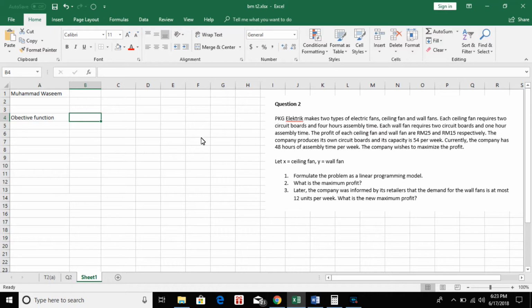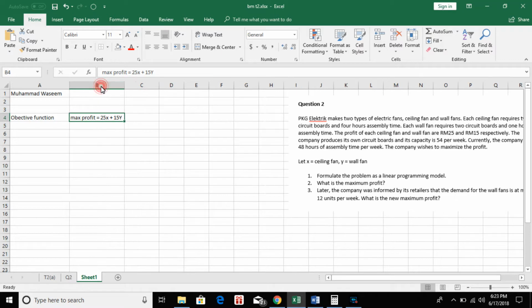So we'll use x for ceiling fan and y for wall fan. Our objective function is maximize profit equal to 25x plus 15y. This is our objective function.